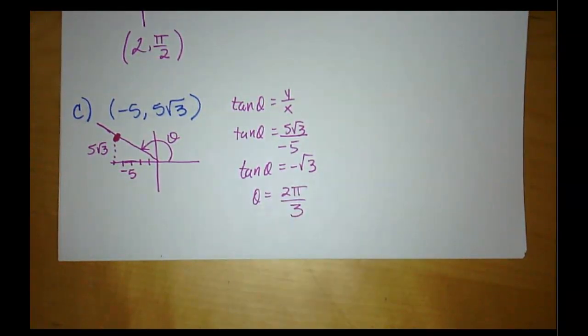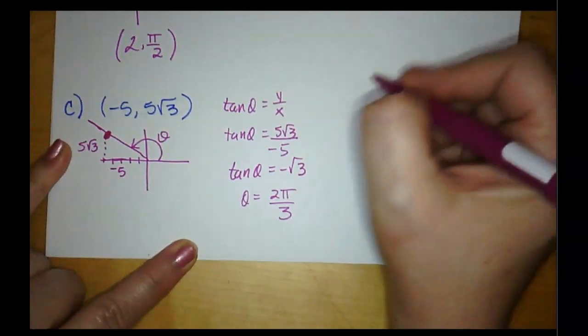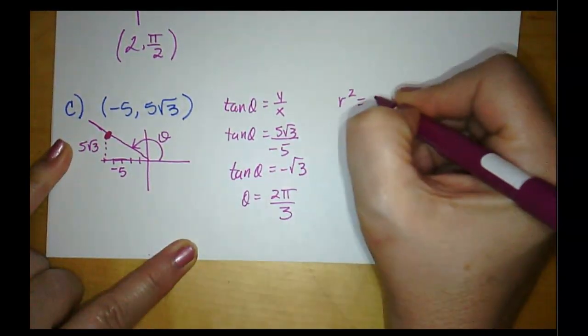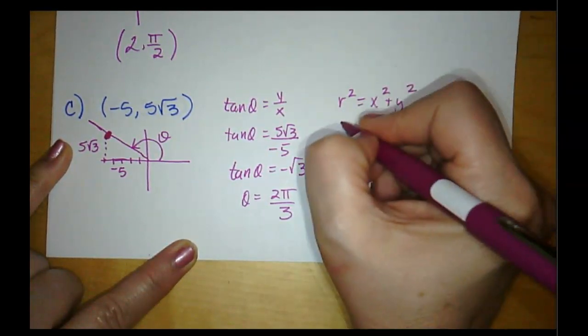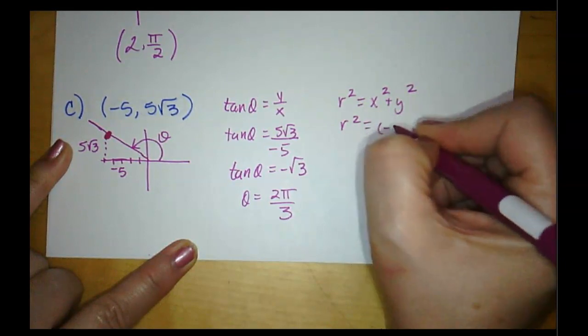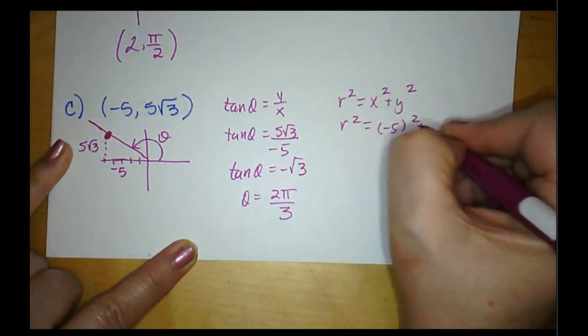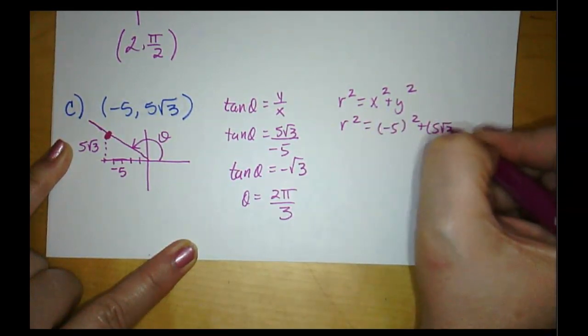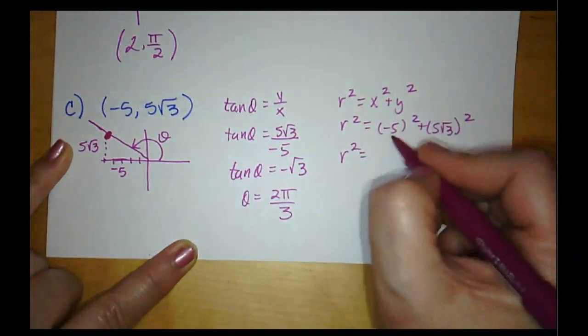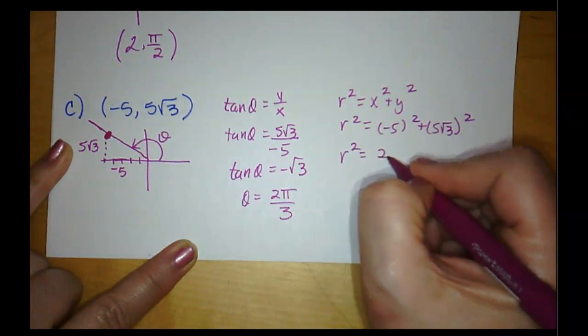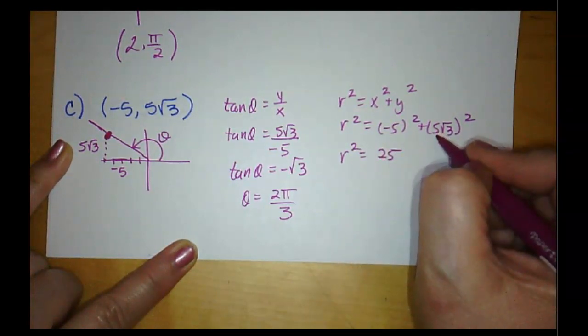All right, so now we have the angle. How are we going to find the directed distance? We're going to use the distance equation of r squared equals x squared plus y squared. So I'm going to have r squared equals -5 squared plus 5 root 3 squared. And then r squared is going to equal -5 times -5 is 25, and 5 times 5 is 25.